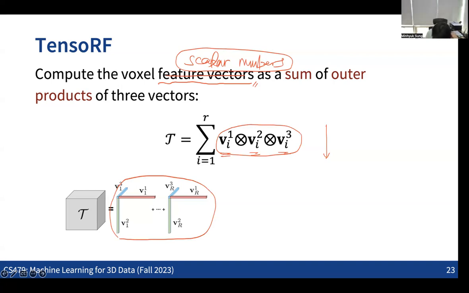Depending on the number of outer products, we can control the level of compression of the information.